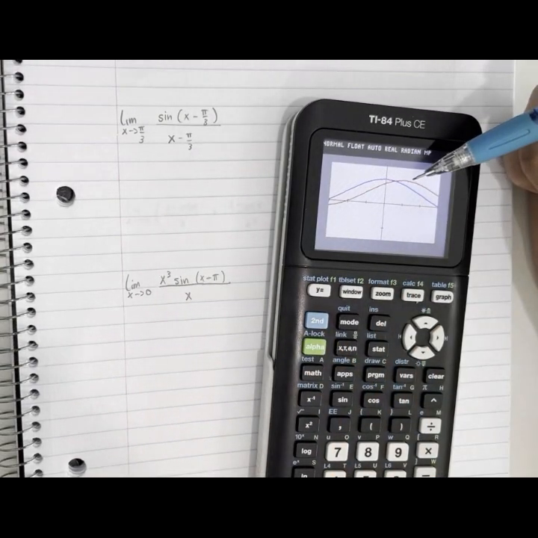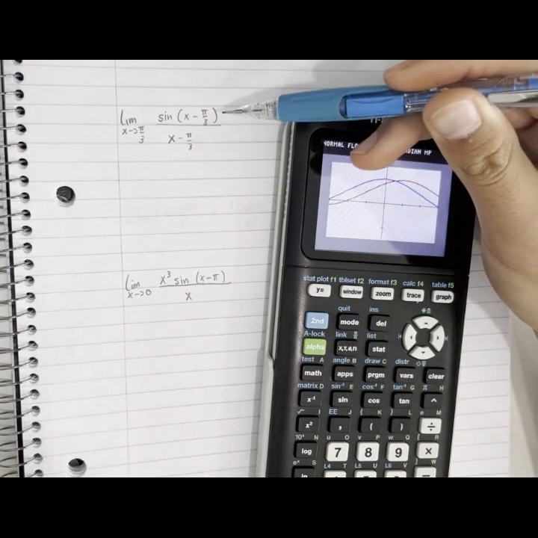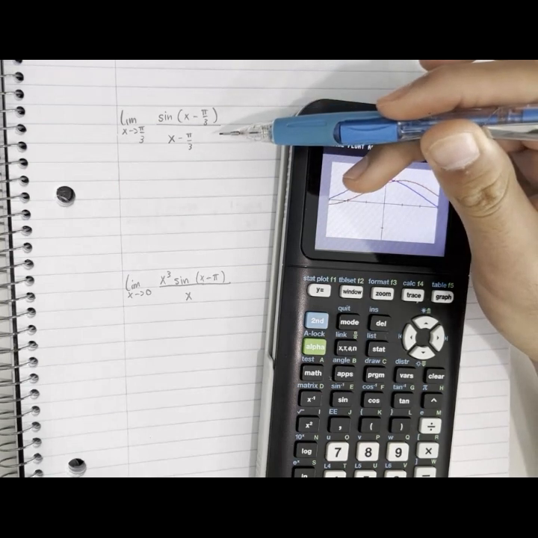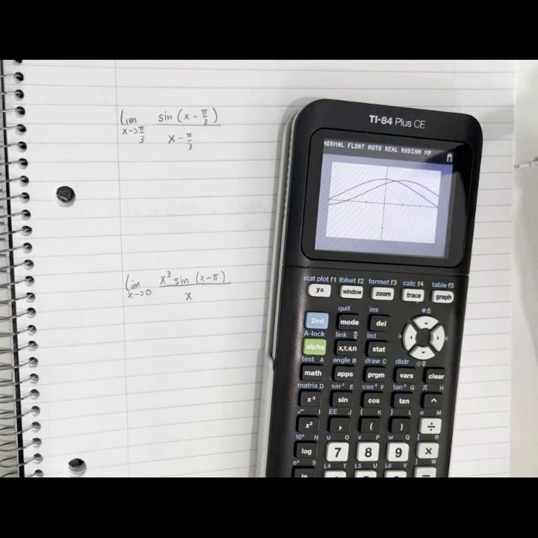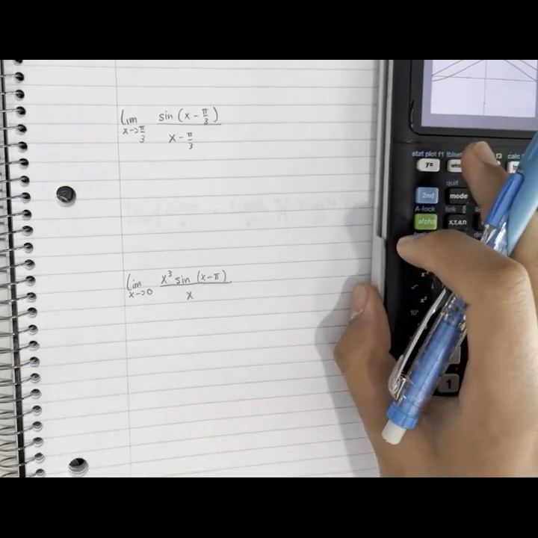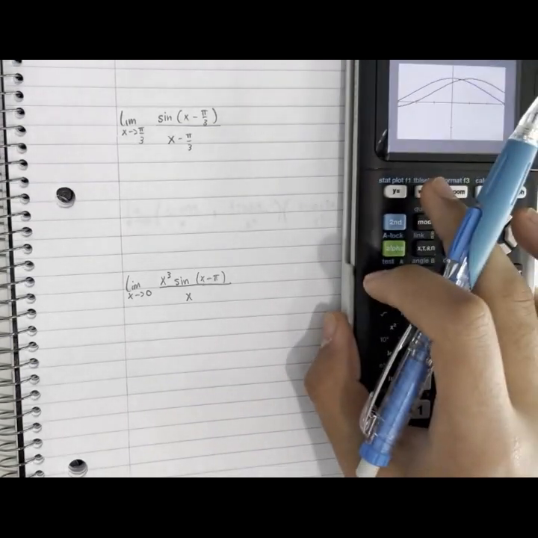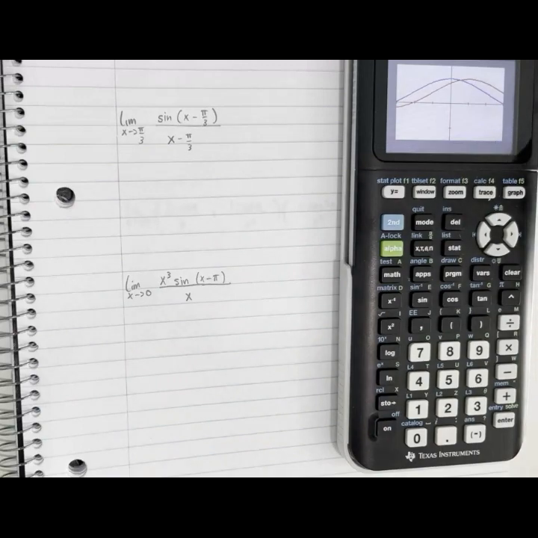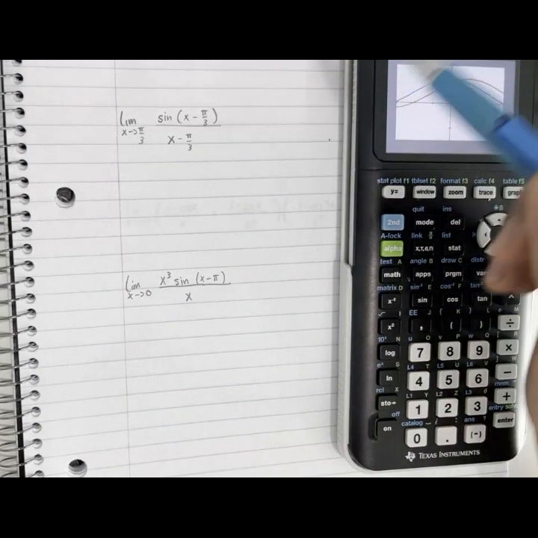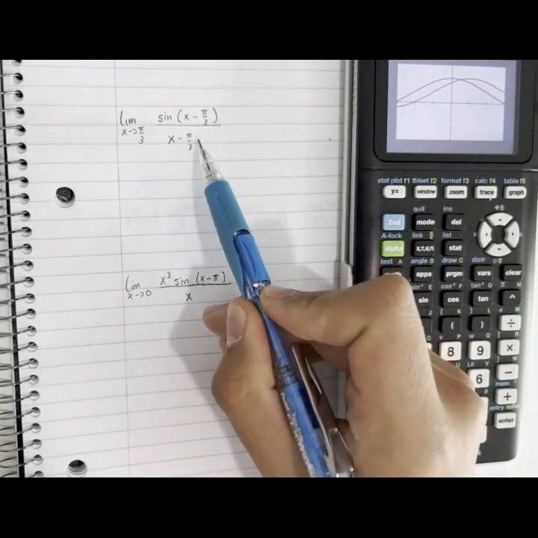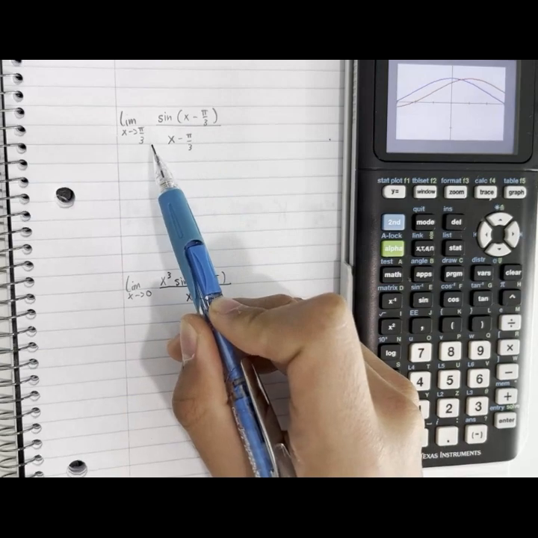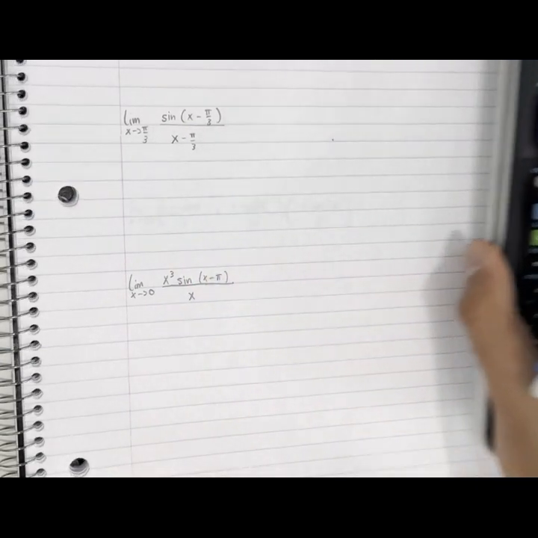If we shift the graph of sine of x minus pi over 3 all over x minus pi over 3 to the left, what we'd have to do is add pi over 3. Remember from shifting functions from earlier coursework. If we shift this function pi over 3 to the left, we add pi over 3 here, but then we subtract pi over 3 from the limit.